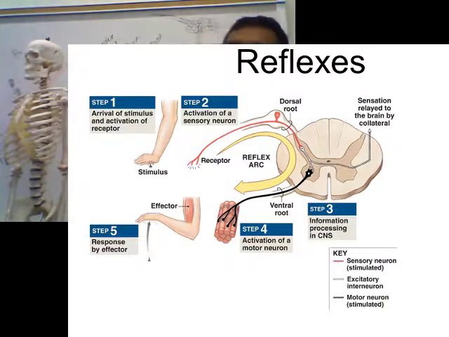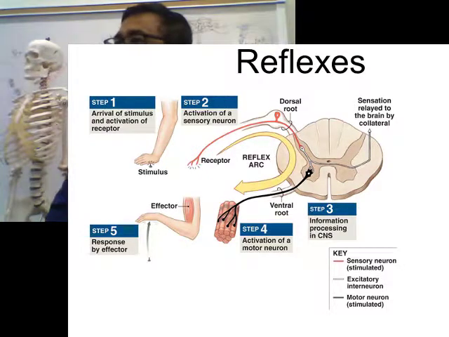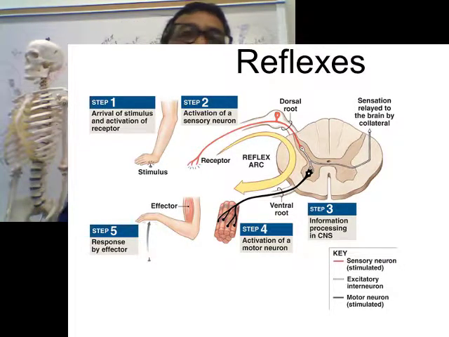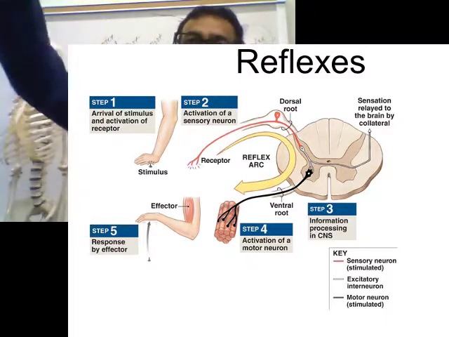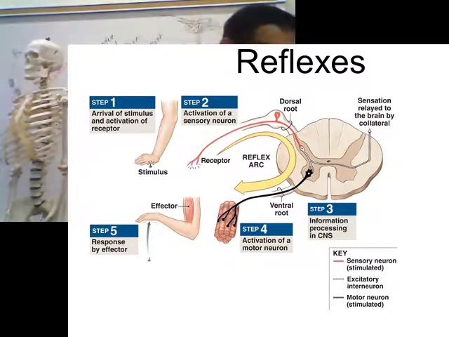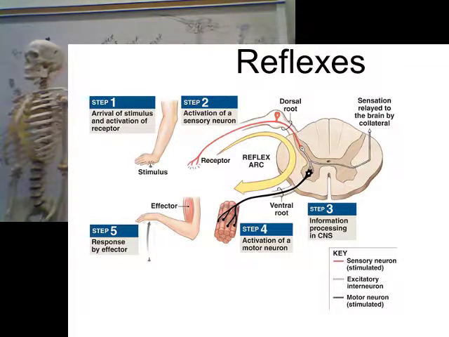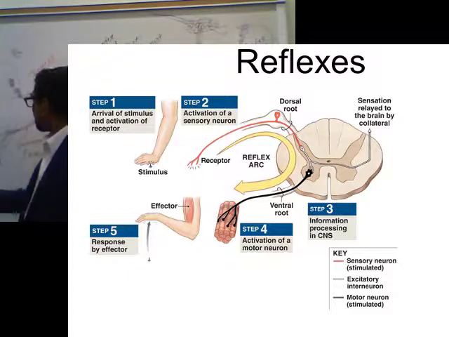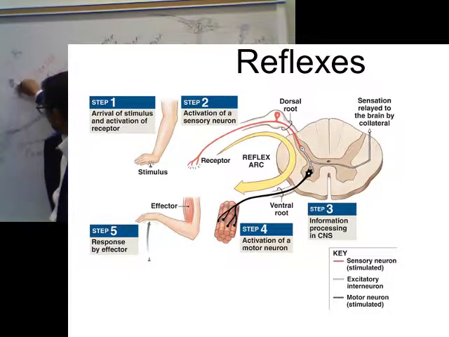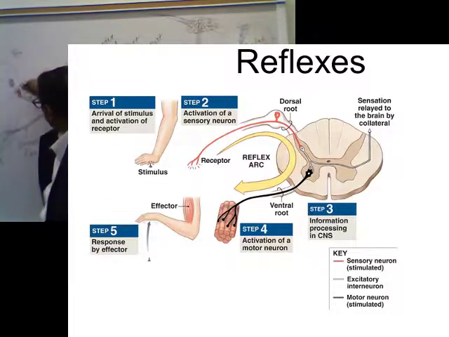Now, there are 5 components of the reflex arc. The reflex arc is the complete pathway of the electrical signal. You see here, I can show you in this picture. I mentioned if a stimulus is given here, then receptors here will receive the signal.